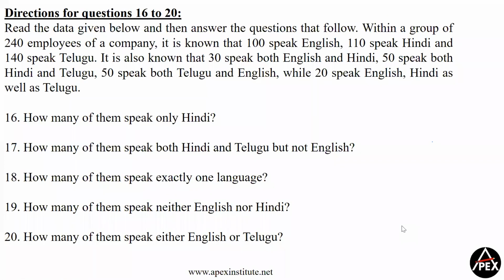Now this is a question from three-set Venn diagram. So we have 5 questions here. I'll give you 6 minutes. We'll discuss this after 6 minutes.